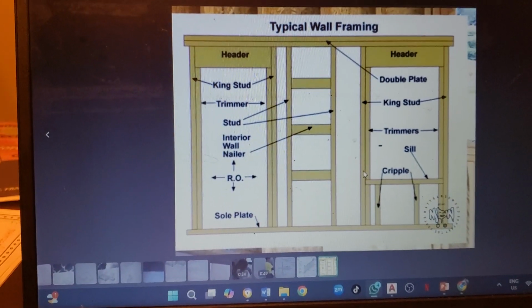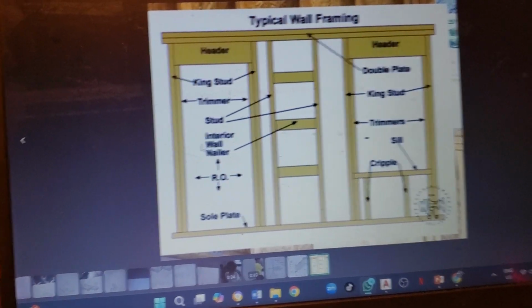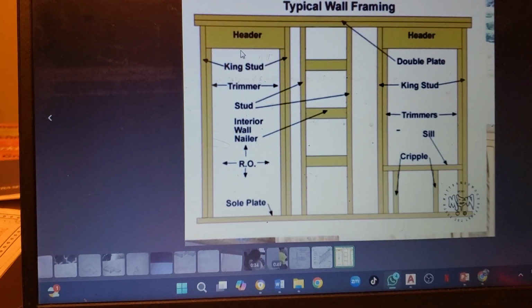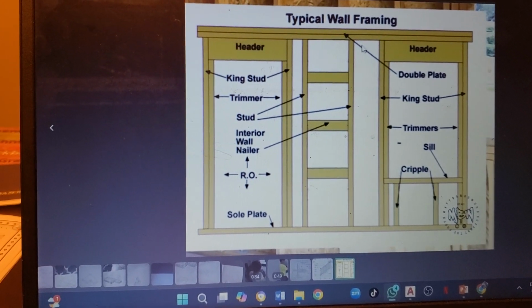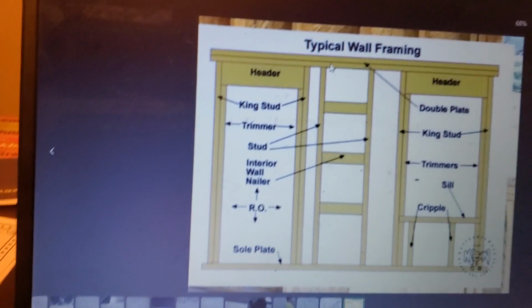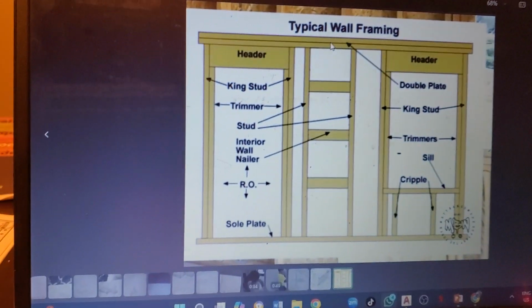So this is a typical image of a partition, which shows the different components for the typical door and the window. At the top here we have the top plate or head plate, and in this case this is typically double in construction.